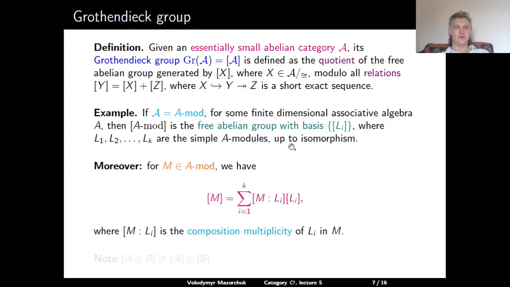Furthermore, in this example, for any A module M, the class of M in the Grothendieck group of A-mod is equal to the linear combination of simple modules with coefficients given by the composition multiplicities of these simples in our module M. It is very easy to see that the Grothendieck group of the direct sum of two categories is isomorphic to the direct sum of the Grothendieck groups of the individual summands.